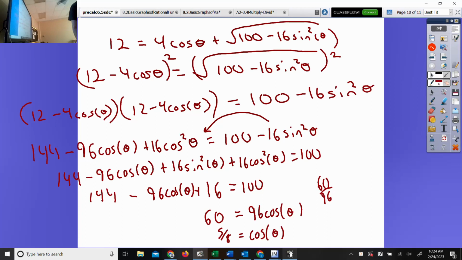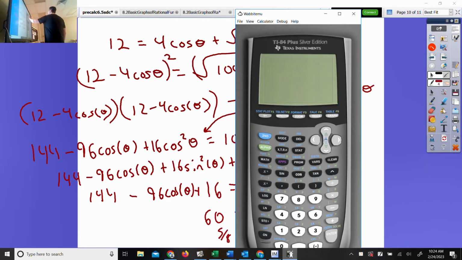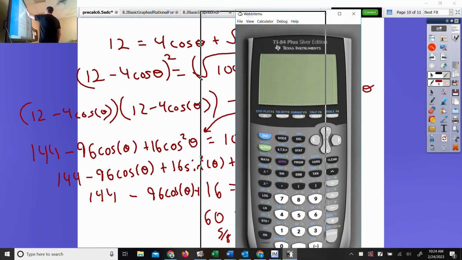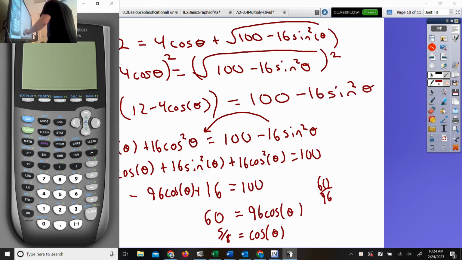How do you find theta? Oh, you didn't have to worry about the U method here. You just do the arc cosine of 5/8, right? Turn on. There we go.